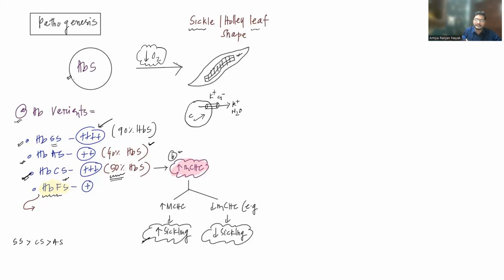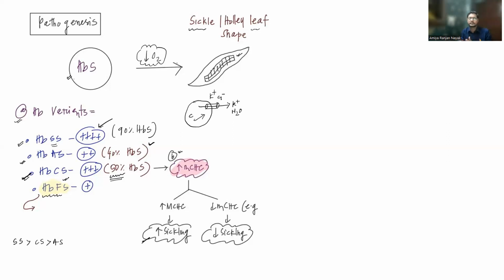Usually, sickle cell disease manifests after 6 months of life, because we have previously discussed that hemoglobin F will persist up to 5 to 6 months of life. After then, we will have the predominant beta globin chain and only adult hemoglobin.